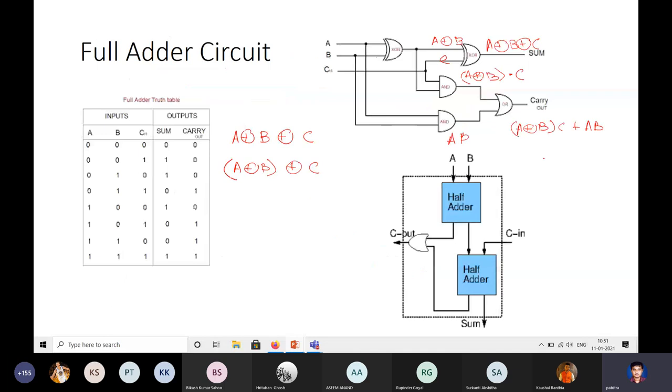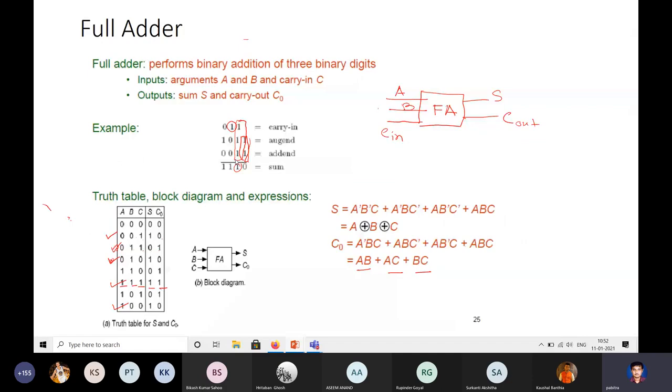So A, B are the input, and the sum output of the half adder goes as input of another half adder. Basically, I add A and B, and whatever is the output, that output and the carry in together I feed to the second half adder.